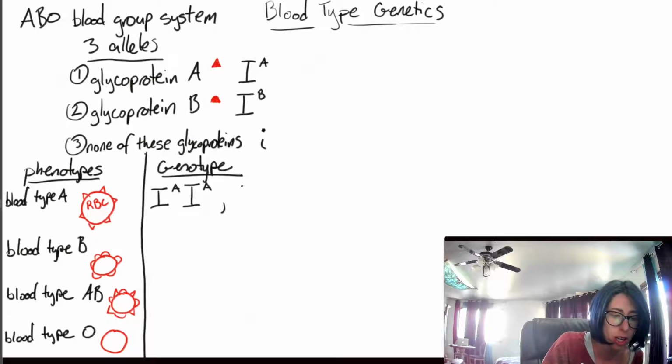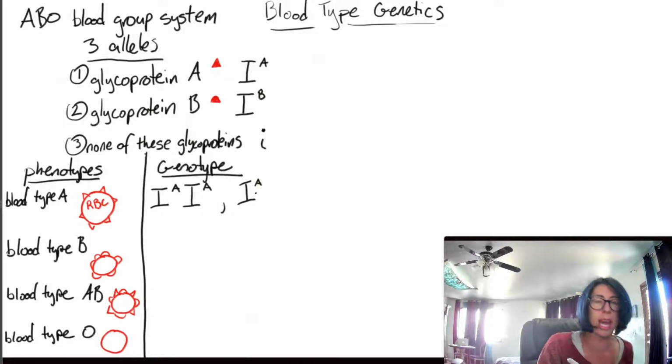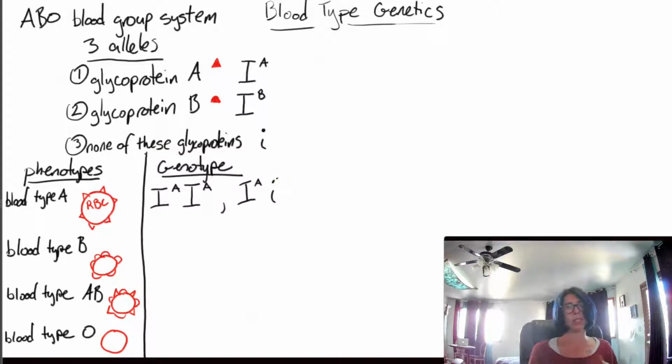Or, if you're blood type A, you may have received an A allele from one parent and the O allele, or the allele that results in no glycoprotein production, from the other parent. This is because the O allele, or the no glycoprotein allele, is recessive relative to the A allele.